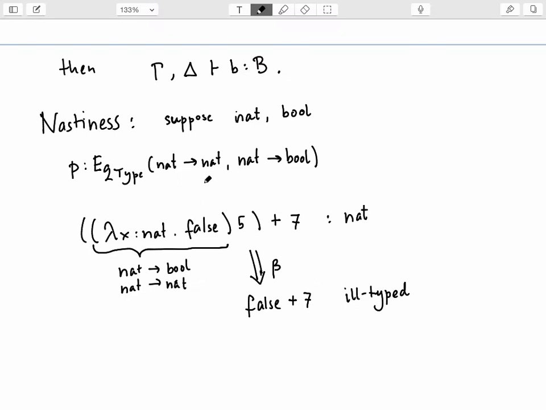I know that nat arrow nat equals nat arrow bool, and I cannot derive from this that nat equals bool. So beta reduction has to be done much more carefully than it usually is. So something's wrong here, and you need to figure out what, because you have to be able to detect that this is not a valid reduction.